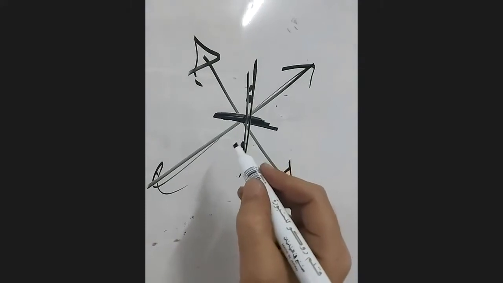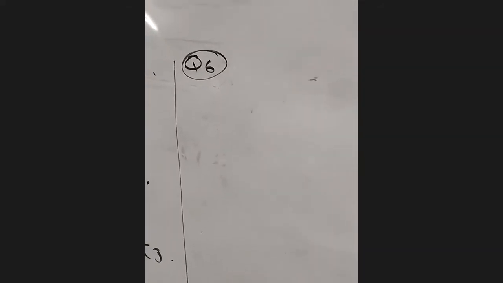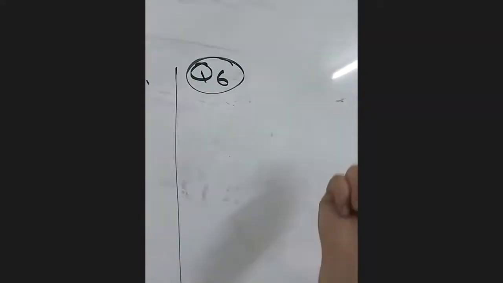These 2 given angles, the 2x and the 120, what do we call them? Vertical angles. And what we said in the previous lesson about the vertical angles, they are always equal to each other.